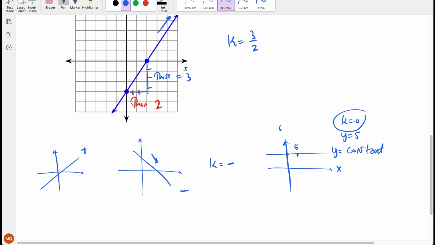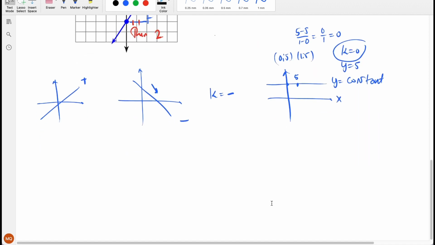For example, let's say that we have 2 points. Here is (0, 5), and this one is (1, 5). When you find slope, it is 5 minus 5 over 1 minus 0, so it is 0 over 1 and it's equal to 0. And also you can think of it like this: when you increase x by 1 unit, there is no change in value of y, so it is always constant.